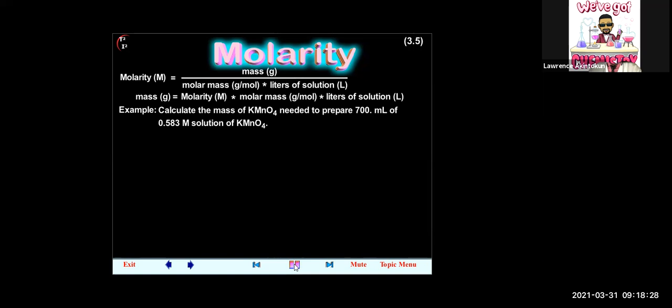Example: calculate the mass of KMnO4 needed to prepare 700 milliliters of 0.583 molar solution of KMnO4. To calculate the mass of KMnO4, use the second equation.